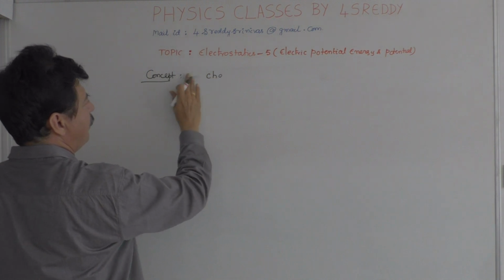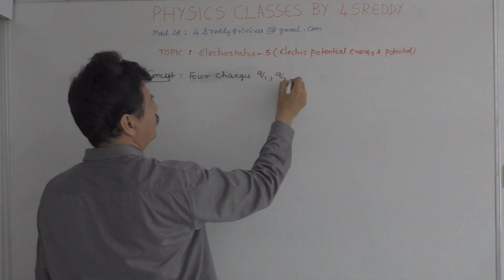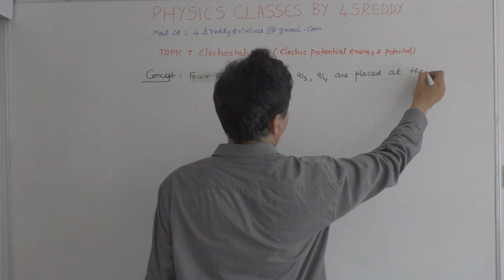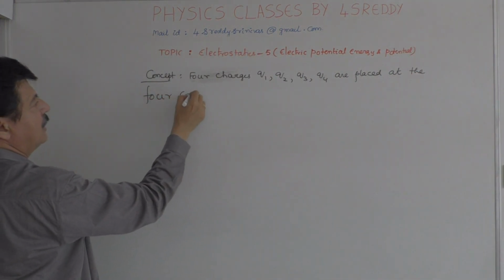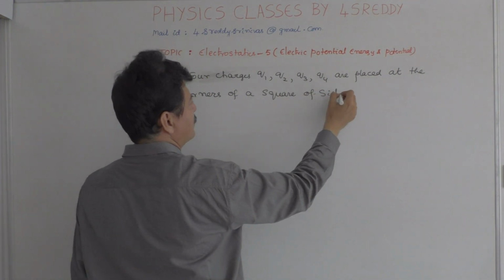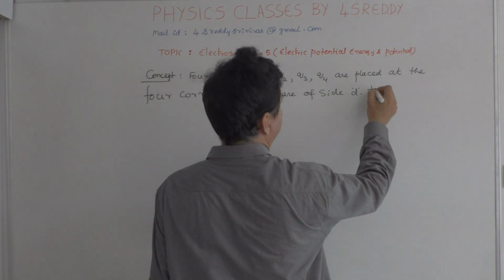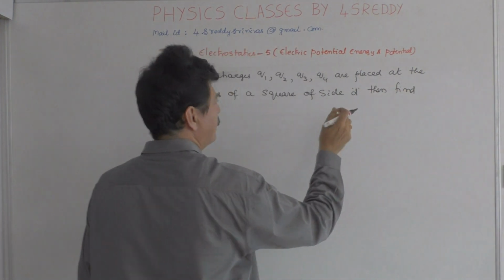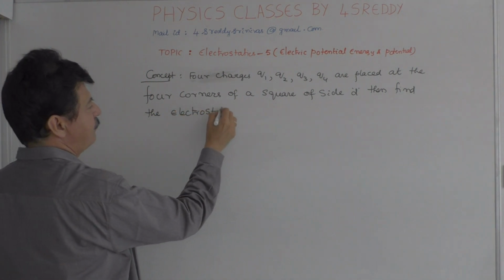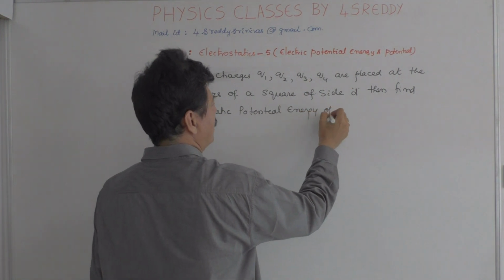Four charges Q1, Q2, Q3, Q4 are placed at the four corners of a square of side D. Then find the electrostatic potential energy of the system of charges.